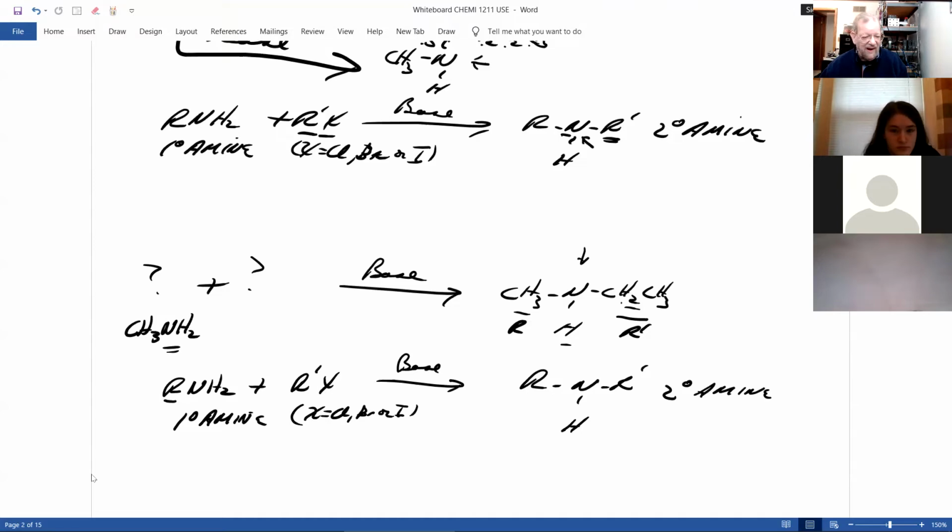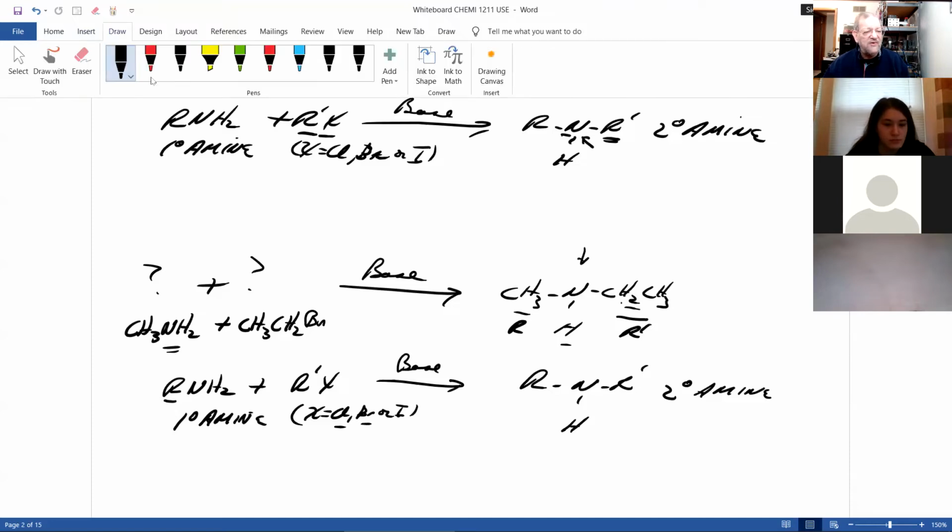And here my R prime is this, pick a halogen. Oh, I haven't used bromine, but you could have put chlorine or iodine there, and that's what you have. But wait, there's another way I could have done it.